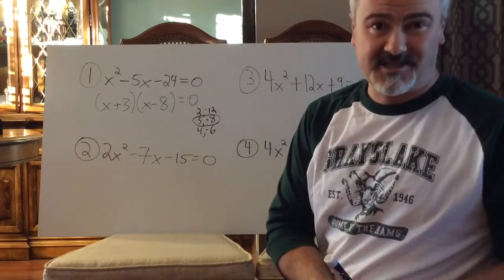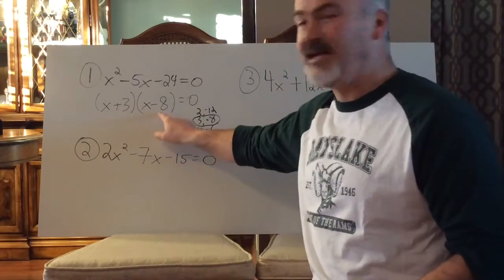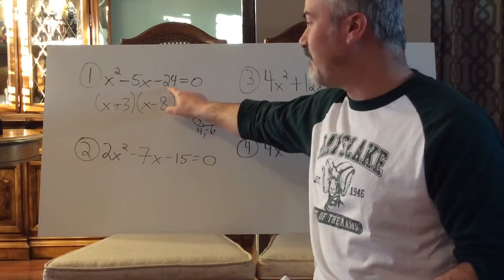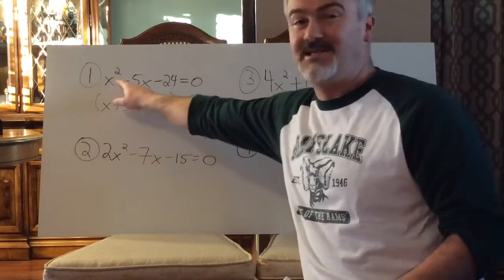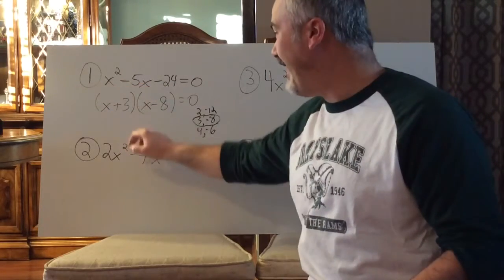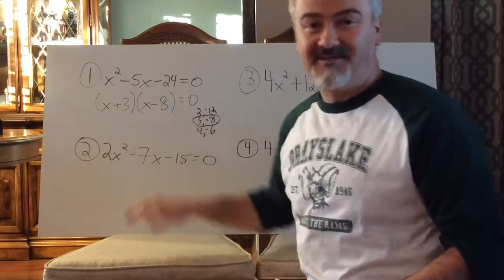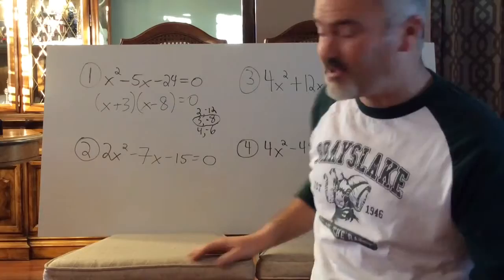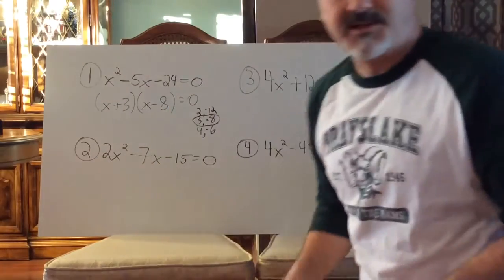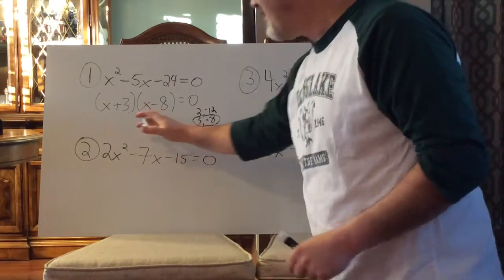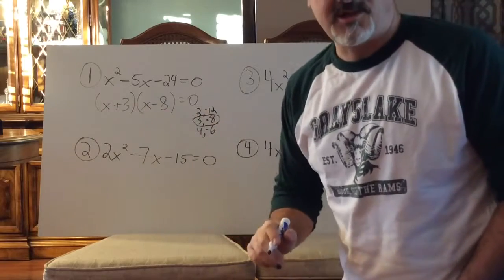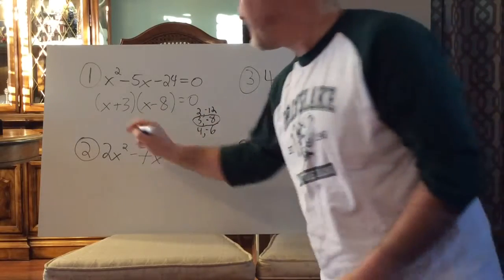Now I've just factored it successfully because 3 times negative 8 is my negative 24. I know my x times x is my x squared. And if I do the middle term, 3x plus negative 8x is my negative 5x. Now I have to solve it. So remember I said each factor equal to 0 using the zero product property.